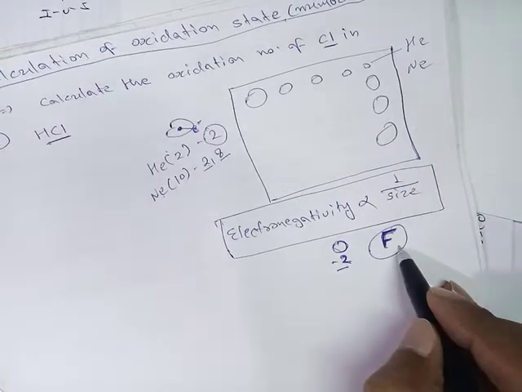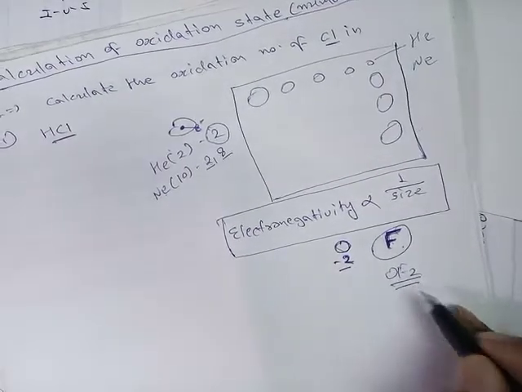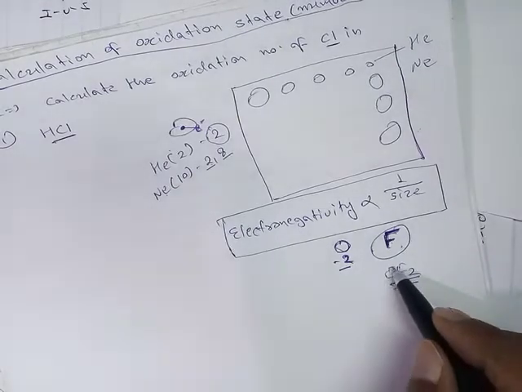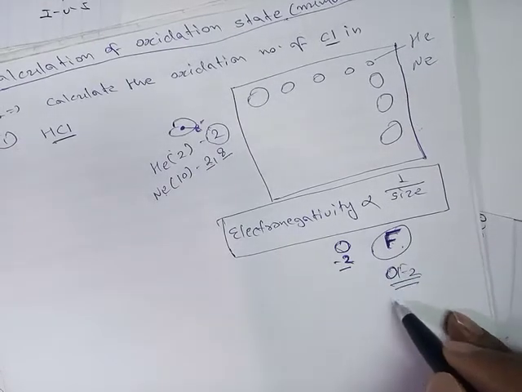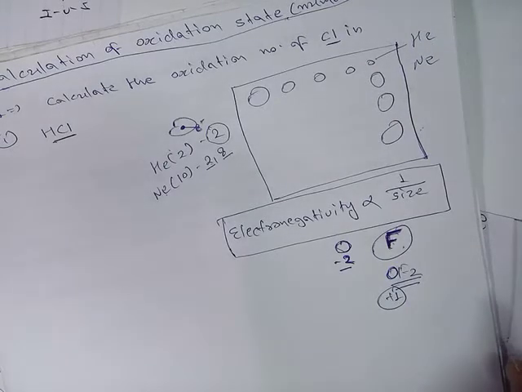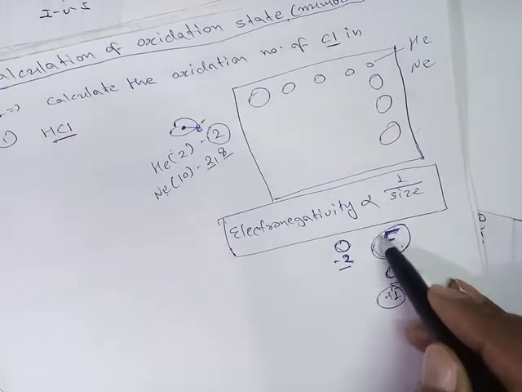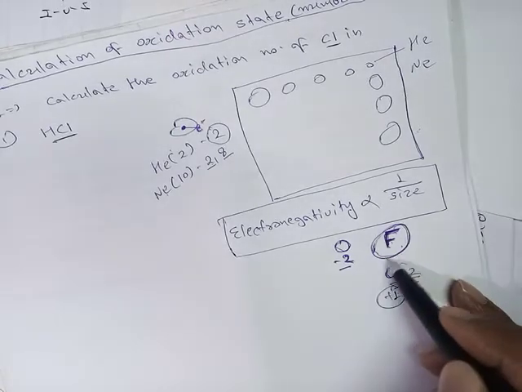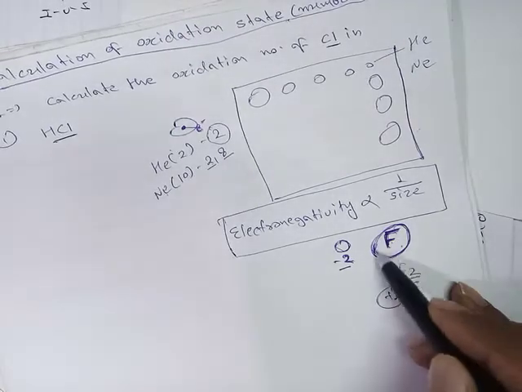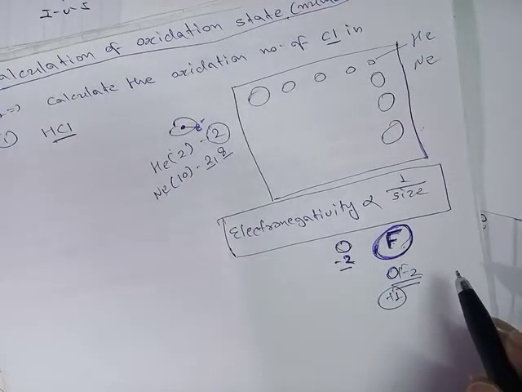But when oxygen reacts with fluorine and forms oxygen fluoride, then the oxidation number of oxygen is +1, like this. So the important thing here is fluorine. Fluorine is the most electronegative element, and it cannot lose an electron to any chemical species.